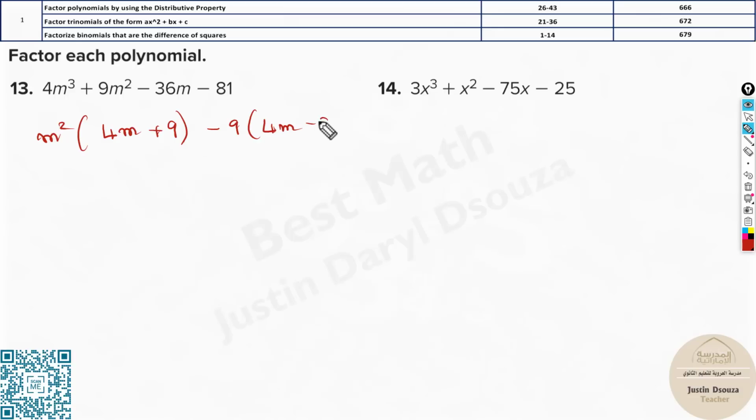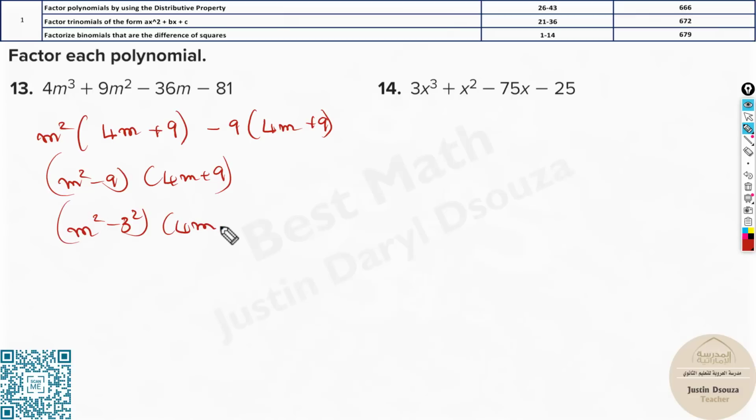It'll be 4m plus 9 because minus is outside. And we have m squared minus 9, 4m plus 9. And here we have m squared minus 3 squared and 4m plus 9. Here we get m plus 3, m minus 3, and we have 4m plus 9.